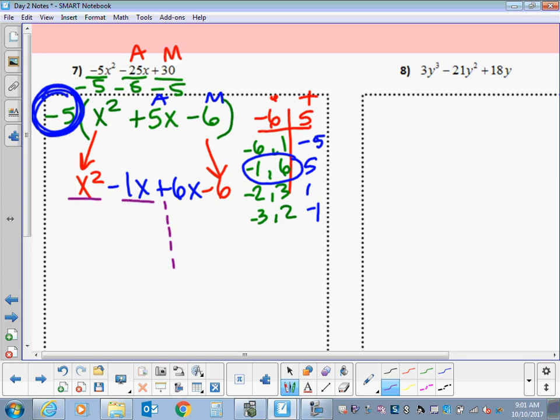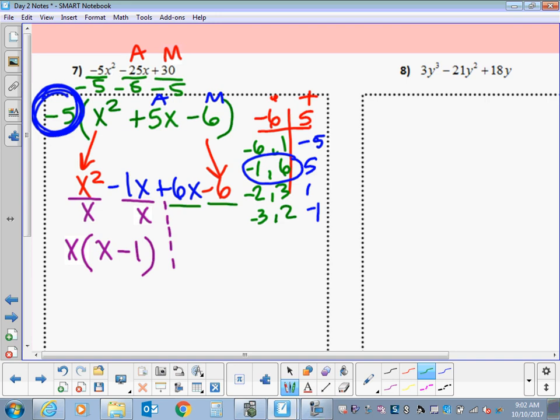My GCF of the left side is going to be just x. So I bring down my x, and I divide. X squared divided by x is x. -1x divided by x is -1. 6x and -6, my GCF is higher than that.